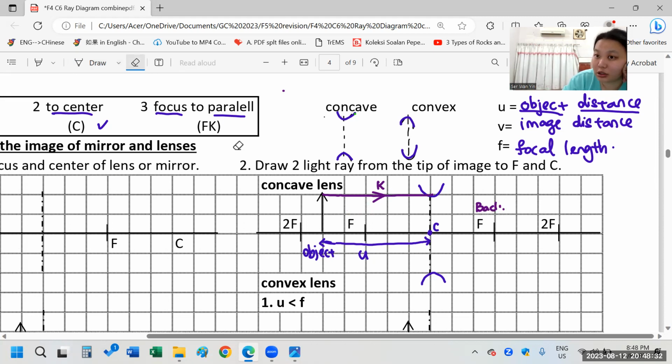If you're not sure, please check back the notes just now. Which F should I use? The before one or the after?